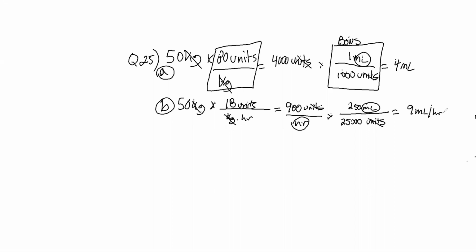Now, on your test, this would be an example of one question. It will have 2 parts where you're going to have to calculate the bolus dose like you did in A, and then the flow rate, the infusion rate, like you did in question B. Again, I'm going to box the things that are standardized. And then this refers to the infusion rate, so I'm just going to write in rate.